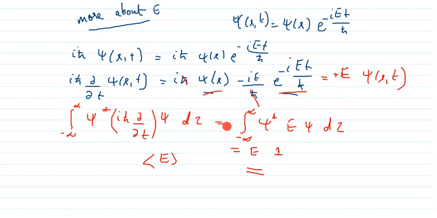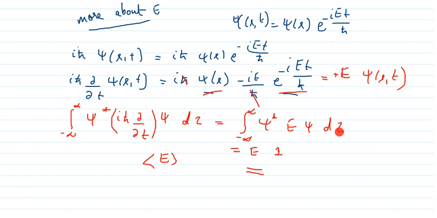So multiplying with psi star and integrating, you have this E, which is actually a constant. So E comes out, and the integral from minus infinity to plus infinity of psi star psi d tau, for a normalized wave function, turns out to be 1. That is the normalization condition, the integral of psi star psi d tau equal to 1.